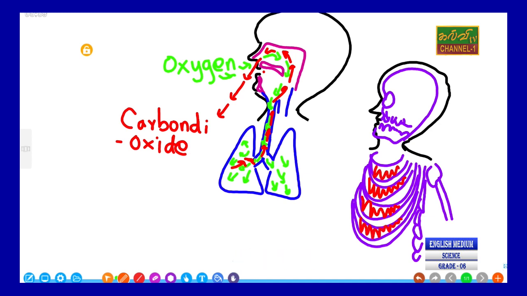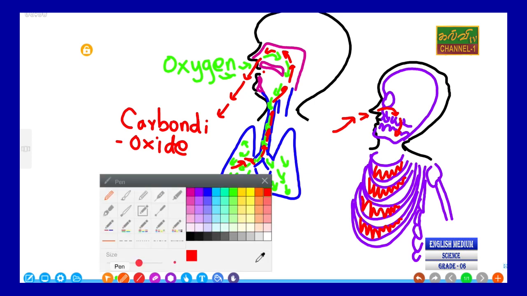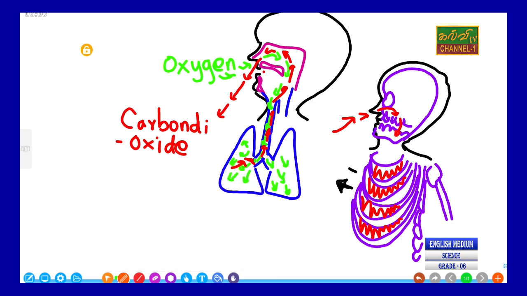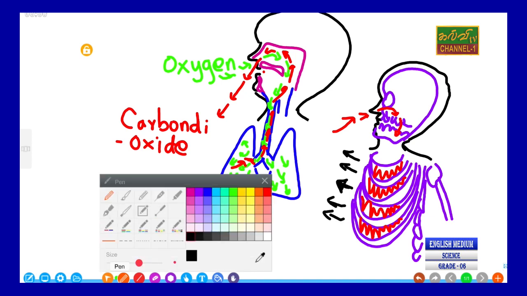Now just do this experiment. When you inhale air, your chest will come out, showing movement. After that, your chest is going to move inside.